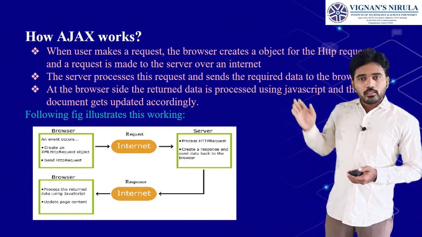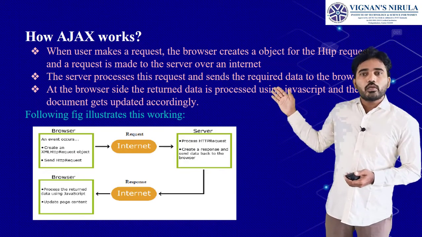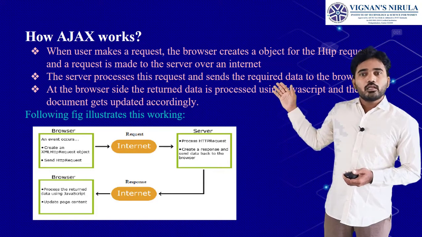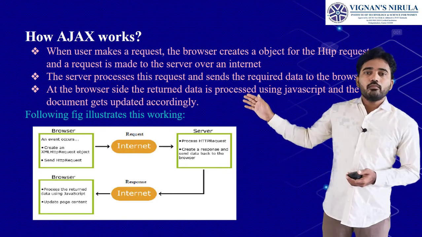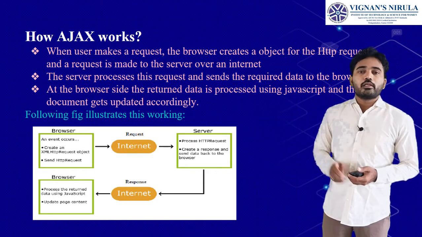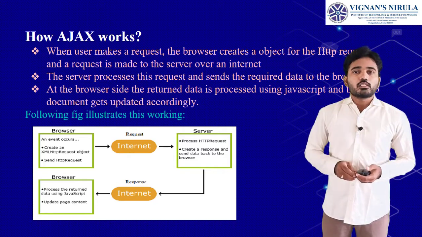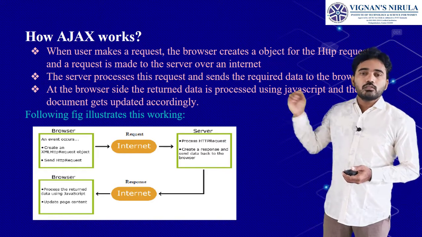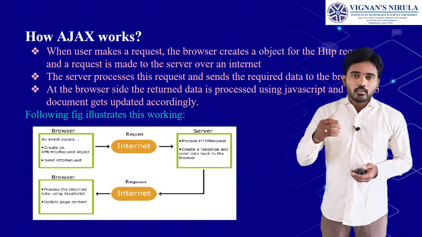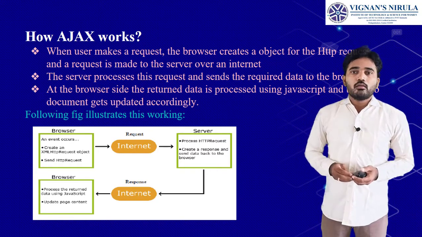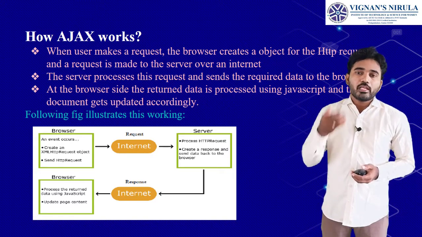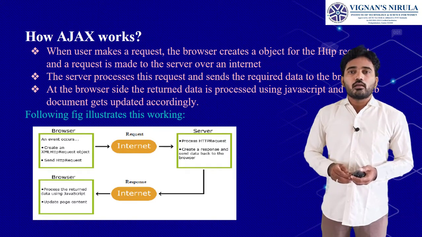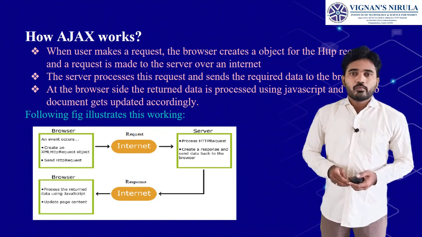Now at the server side it processes the request and sends the required data to the browser again through the internet. Now, the role is at the browser side. The returned data is processed by using JavaScript and the web document gets updated accordingly based on your requirement without reloading the entire web page.